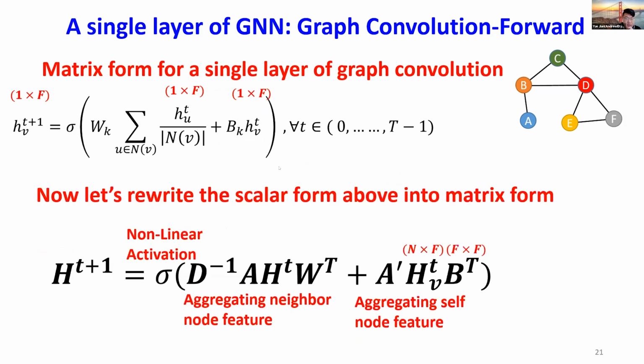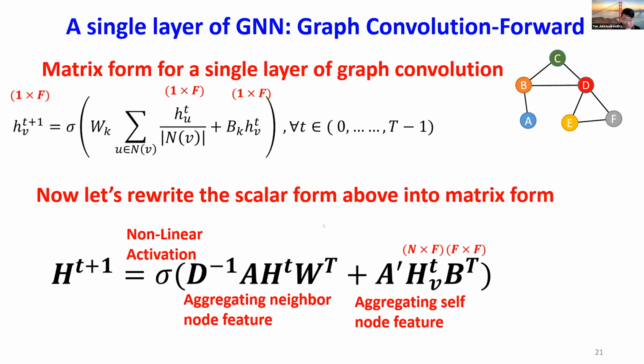Okay, after we discuss the things above, we can rewrite the equation above, which is the feature aggregation of a single node, into the matrix form below.